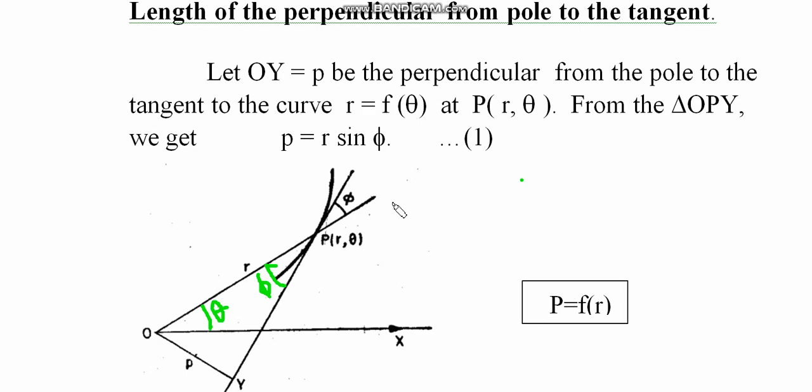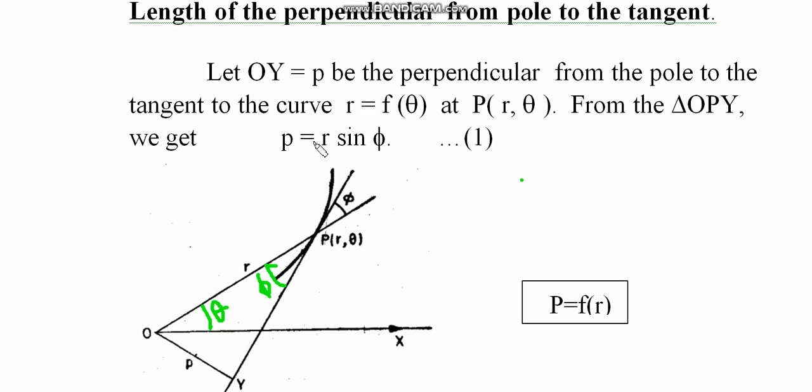Then we write tan phi is equal to r divided by dr by d theta. From that expression, we obtain an expression for sin phi and then for phi, and then substitute in this equation p is equal to r sin phi.